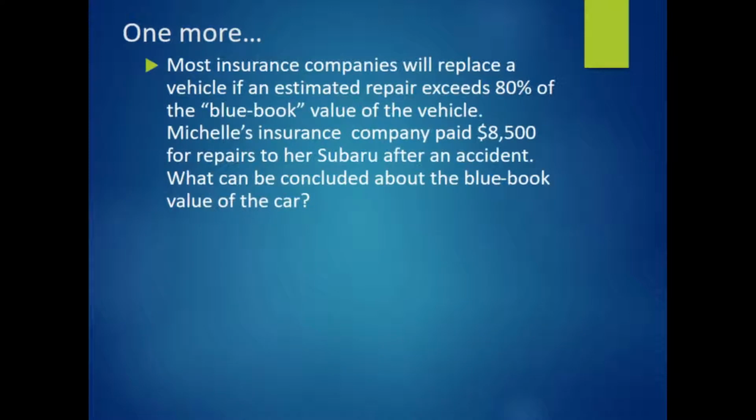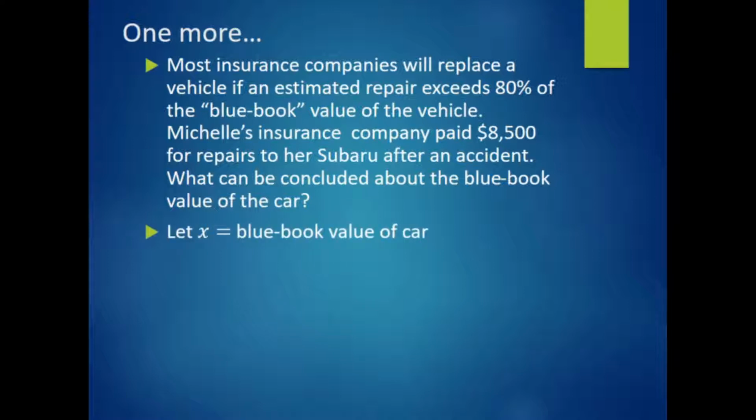One more problem. Most insurance companies will replace a vehicle if an estimated repair exceeds 80% of the Blue Book value of the vehicle. Michelle's insurance company paid $8,500 for repairs to her Subaru after an accident. What can be concluded about the Blue Book value of the car?